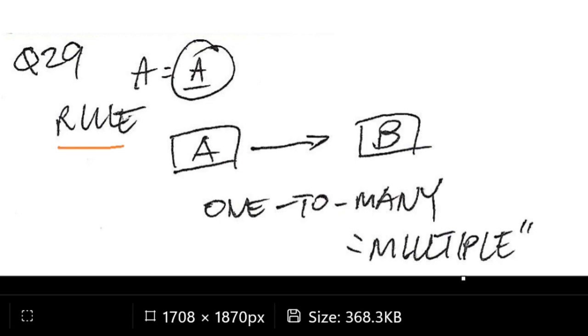So there is only one here, but this one could be many, like that.